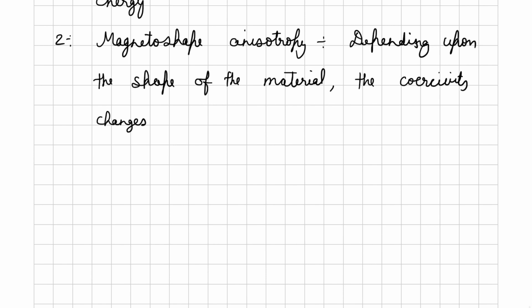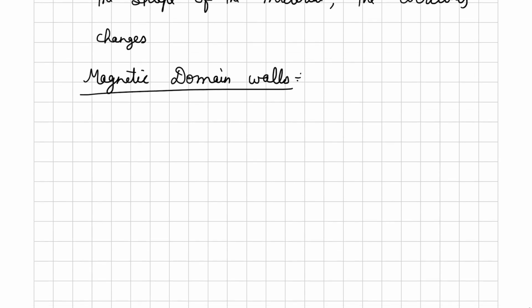Okay, so this is the magnetic anisotropy. Now, the last part of this course is the magnetic domain walls. We have seen the domain in the ferroelectric case also. It's the same thing. Inside the material, we can have different patches where the spins are pointing in one particular direction.